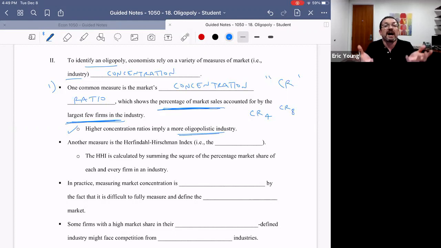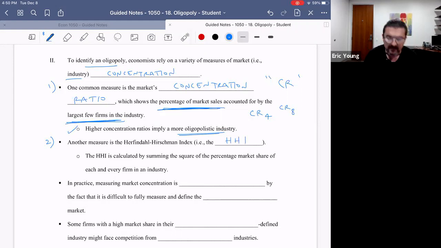In other words, the higher the CR ratio, the more powerful those small number of firms are, the more concentrated the industry, the stronger the oligopoly. And of course, that's probably going to get a little bit more attention from antitrust lawyers at the Department of Justice.